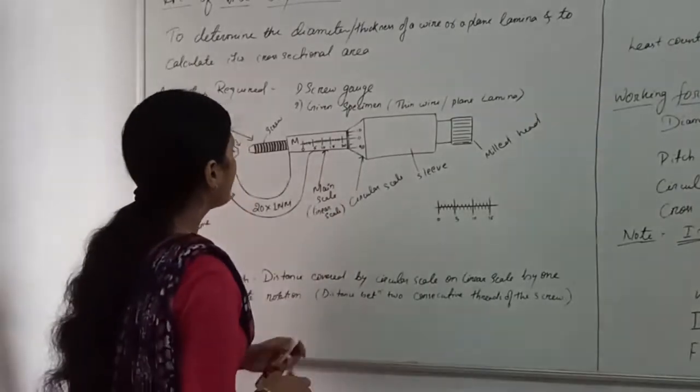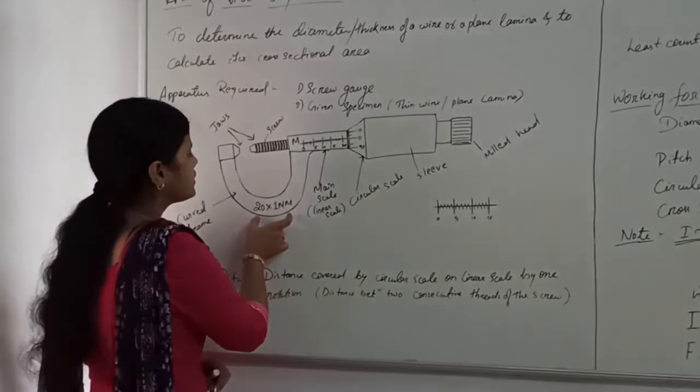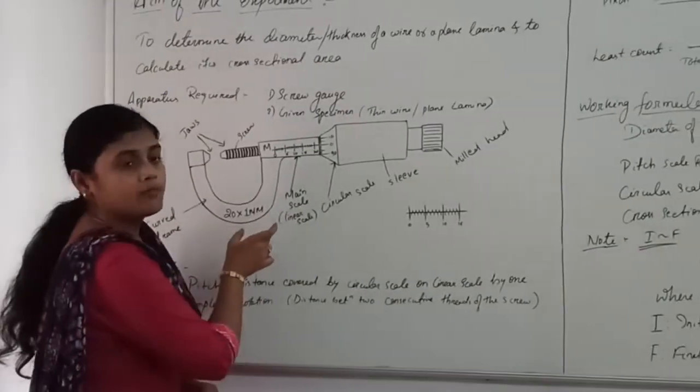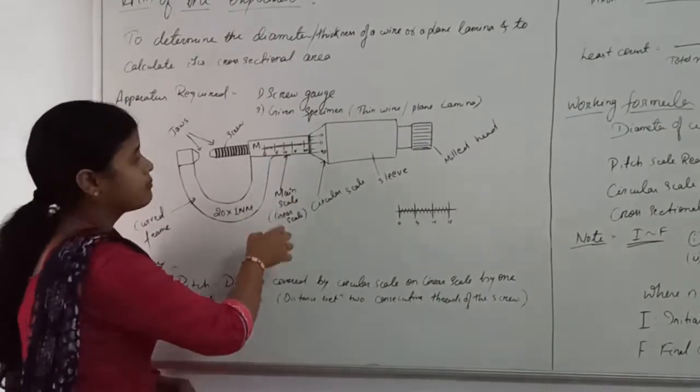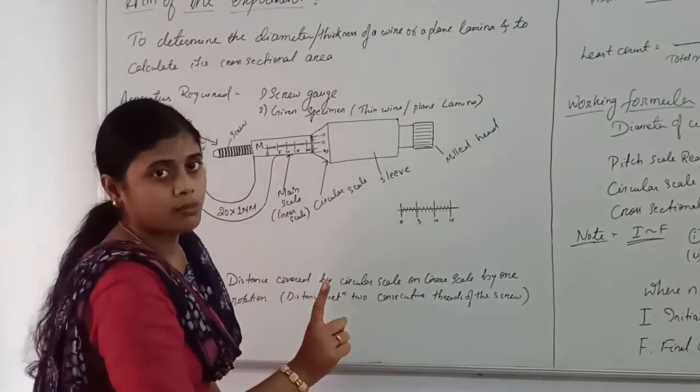Let me tell you one thing. Here I have written 20 into 1 mm. This is the maximum length of the main scale, meaning 20 millimeter, which is 2 centimeter.